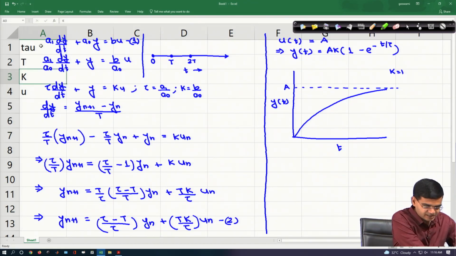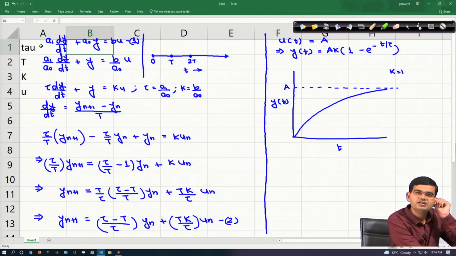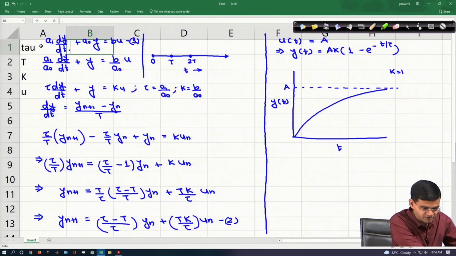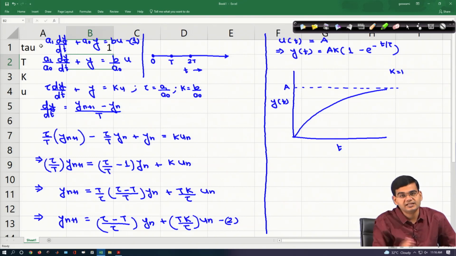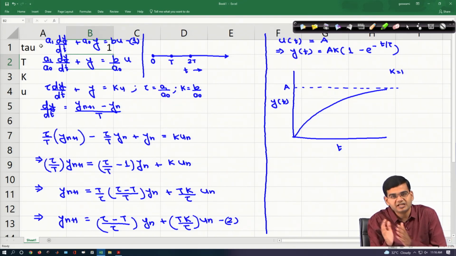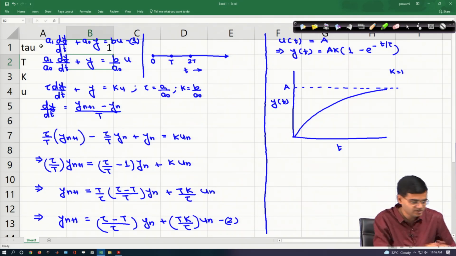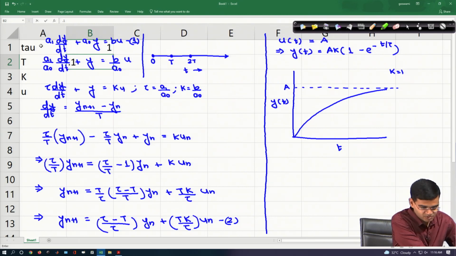So, let me assign some values. Let me say that my time constant is 1. The sampling time, we said in the previous lecture that the sampling time must be smaller compared to the time constant, so that you get the correct dynamical characteristics. So, let me make the sampling time as 0.1.